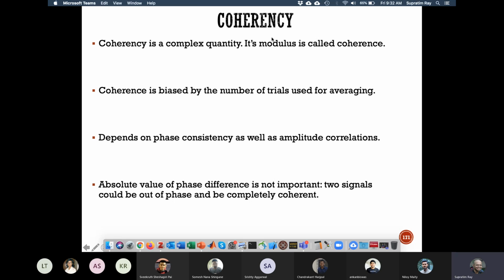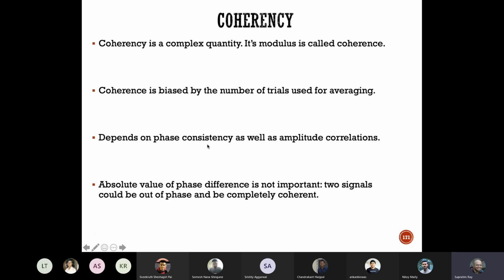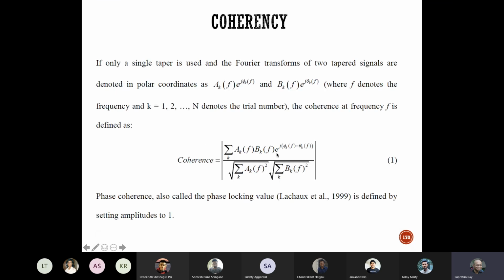Another thing to note is that the coherency depends on the phase consistency, which is this thing, but it also depends on amplitude correlations, which means whether A and B are somehow related to each other or not. For this final value that you see here, we think that it only depends on how the vectors are aligned, but it turns out it also depends on the magnitude of these vectors.